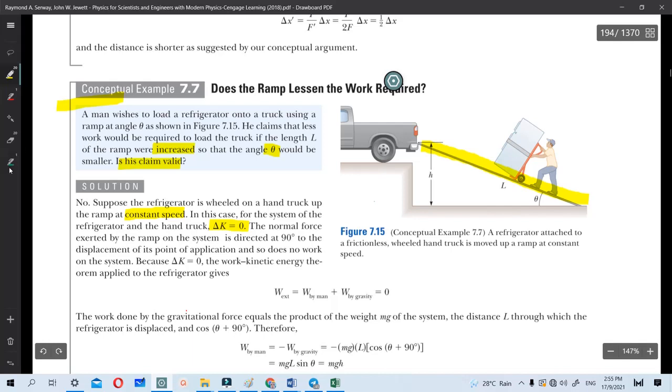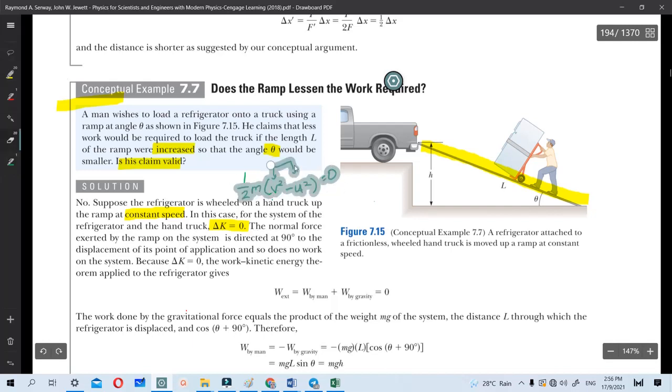Remember that change of kinetic energy is half mass times V final squared minus V initial squared. Since they are of the same value, that's the reason why you arrive with 0 change in KE.